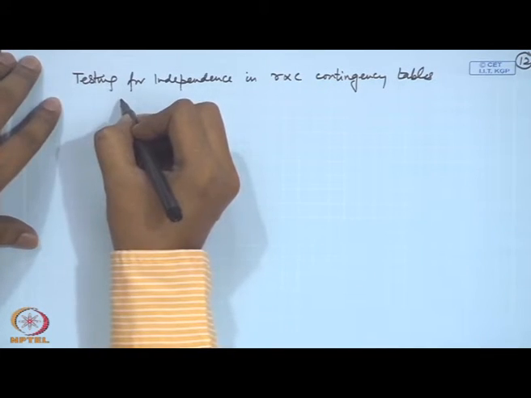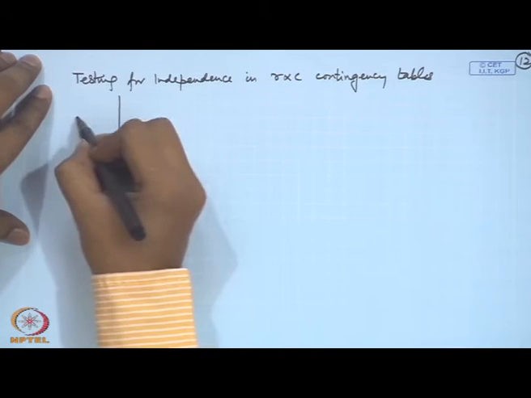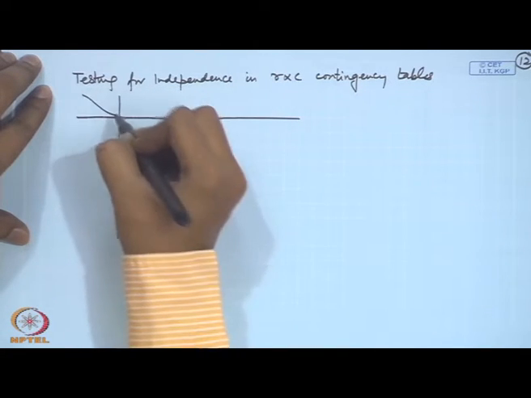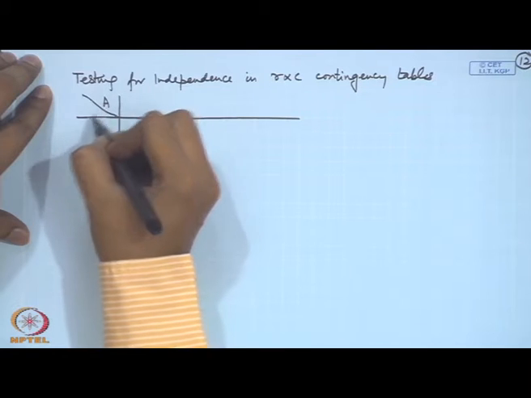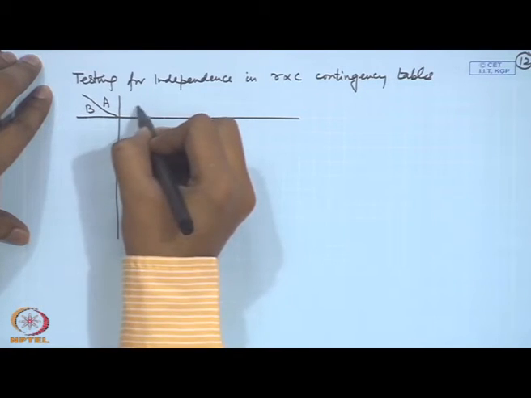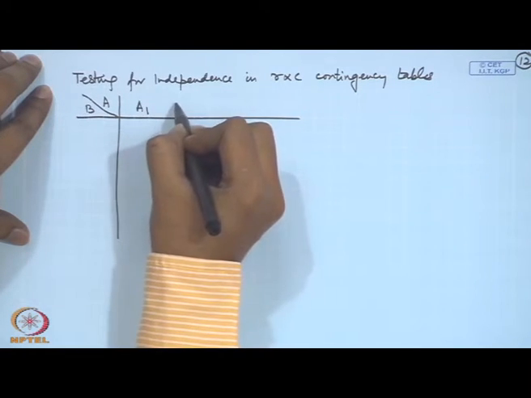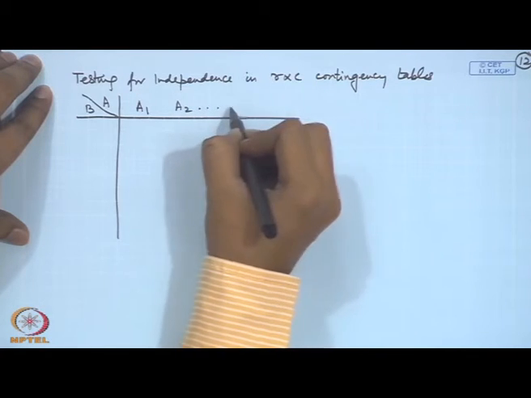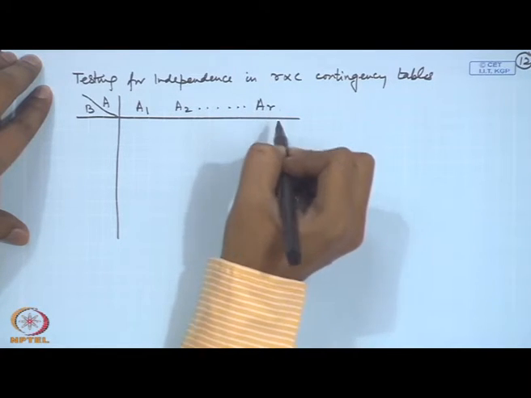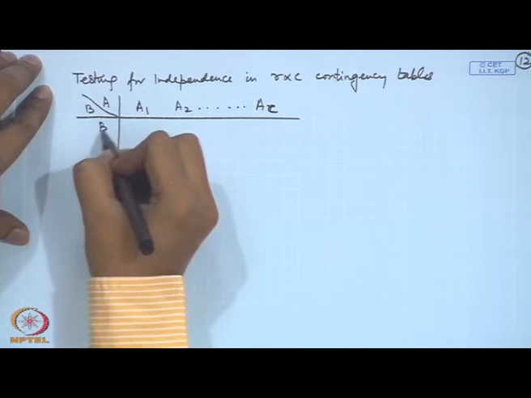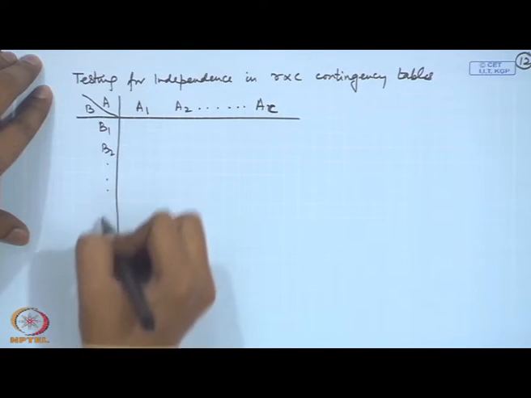If we are considering contingency tables, then we are considering the classification according to two categories A and B. For A we have categories A1, A2, up to AR, and for B we have B1, B2, up to BC.